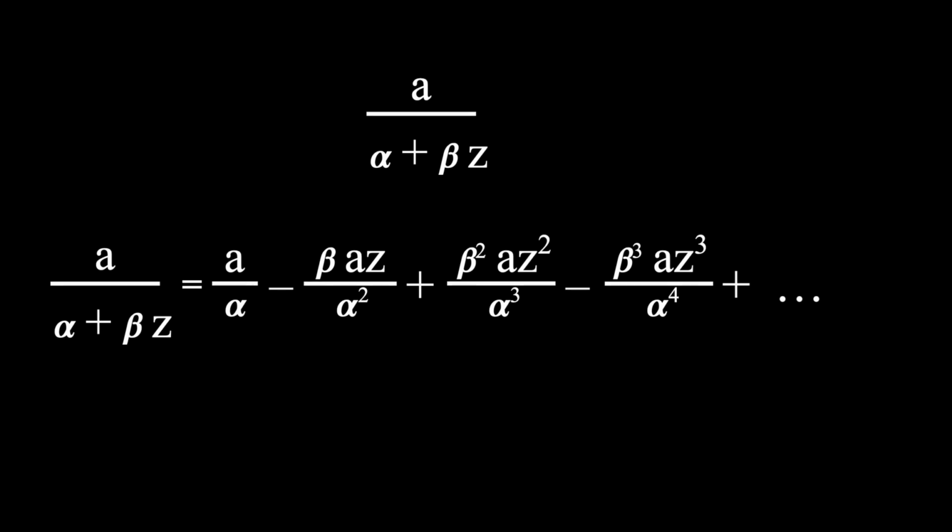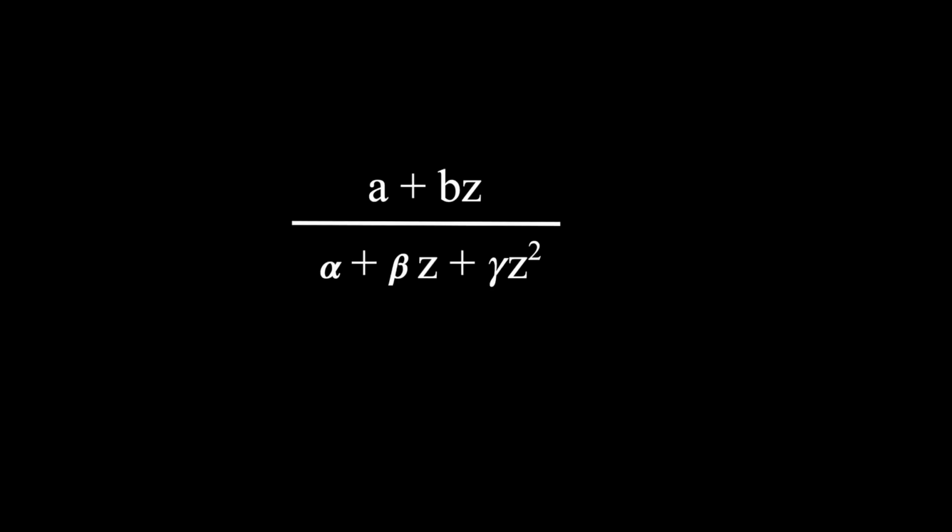Now we have a rational expression with a numerator a plus bz, where b of course can be 0, and a quadratic denominator alpha plus beta z plus gamma z squared.